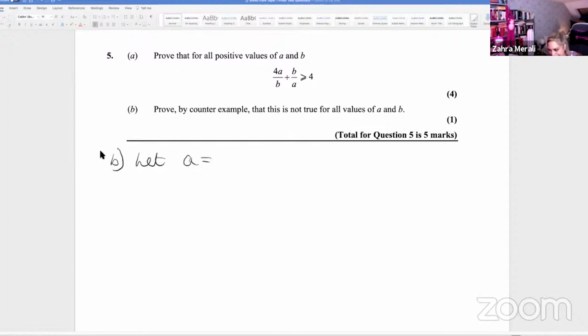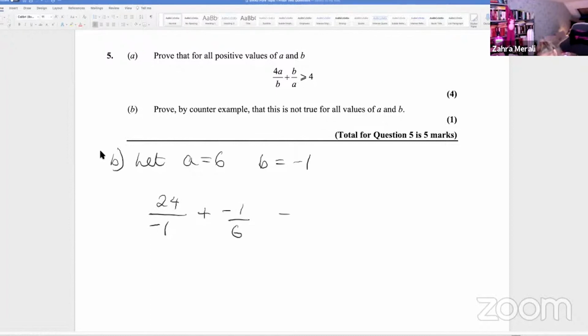Let a equal 6, b equal minus 1, I guess. So we're going to get 4 times 6, so 24 over minus 1 plus minus 1 over 6.